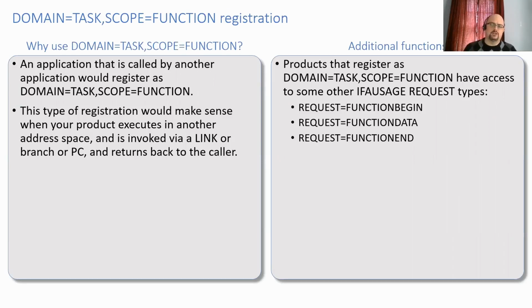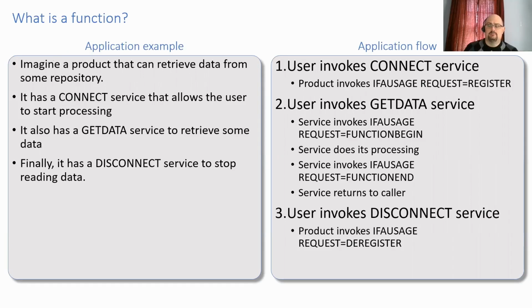For these domain equals task, scope equals function registrations, there are some other IFA usage request types that the product has access to. But first, let's talk about what a function might be. Here's an application example. Let's say you have a product that can retrieve data from some repository.